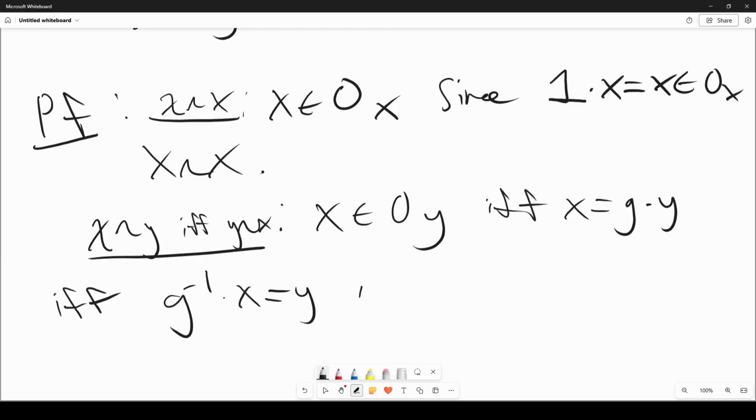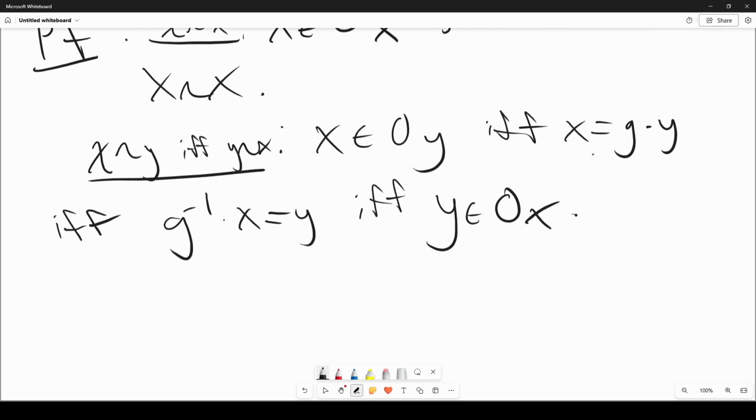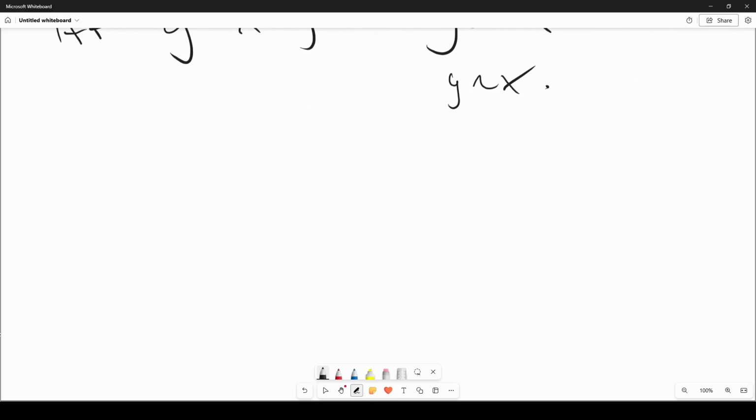And this is true if and only if Y is in the orbit of X. And so I just basically use a chain of equivalences to get from X is equivalent to Y to Y is equivalent to X. Of course, you could do this without the if and only ifs and then just go the other direction, but it's a little bit faster to just do it like this. Okay, finally we need to prove transitivity.